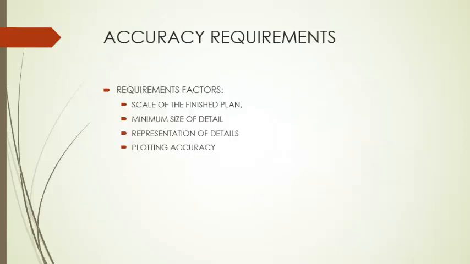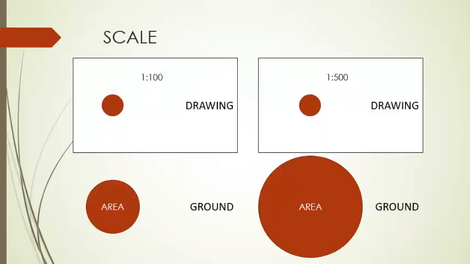Alright, let's stop here and revise a little bit. Let's talk about scale for a moment. Now, two scales: one is to 500, and another is 1 to 100. Which one is bigger in area?